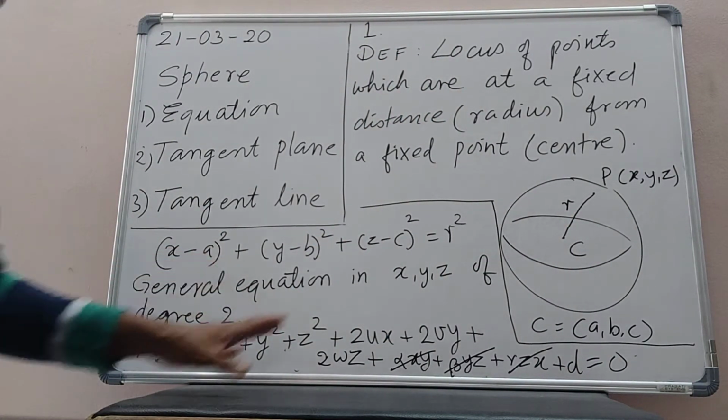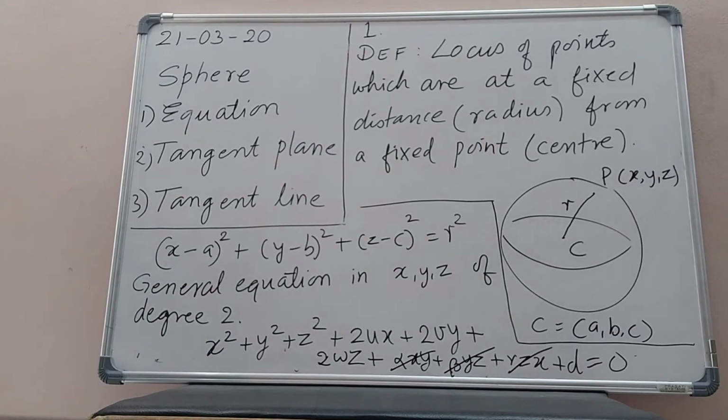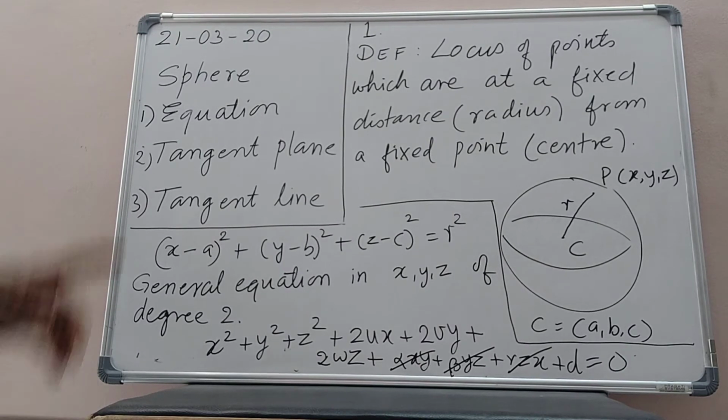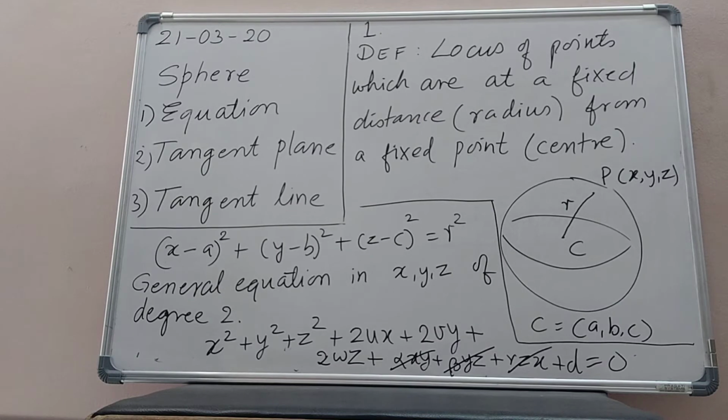Now, is this going to represent the equation of a sphere for all possible values of u, v, w and d? Let's check this. Now, why are we doing all this? The reason is that, if you go back to the two-dimensional setting, the general second degree equation is related to a very specific kind of geometry.